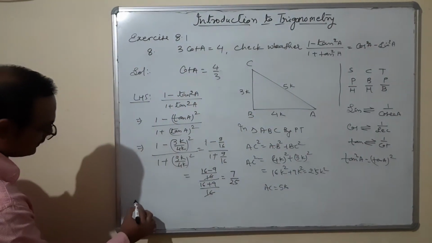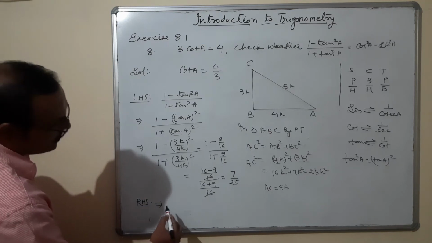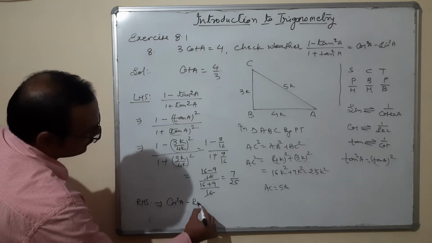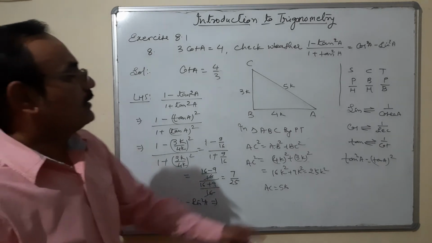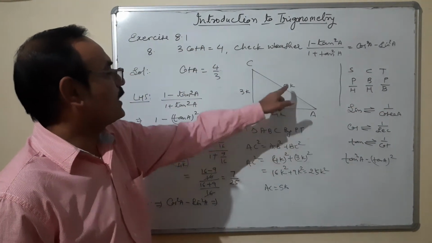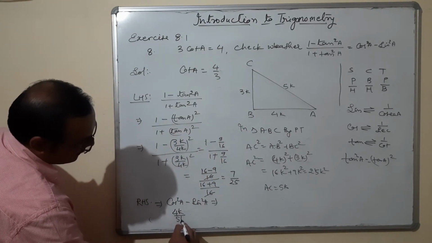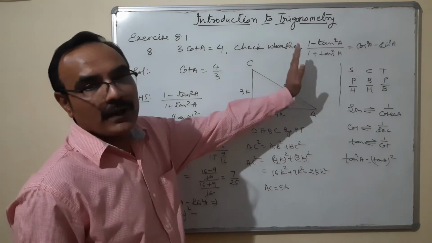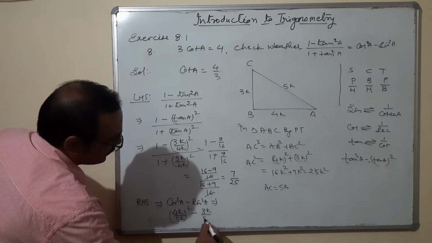Now let us check the value of the right hand side. RHS is cos square A minus sin square A. Cos A is base upon hypotenuse, 4k upon 5k whole square. Minus sin square A, perpendicular upon hypotenuse, 3k upon 5k whole square.